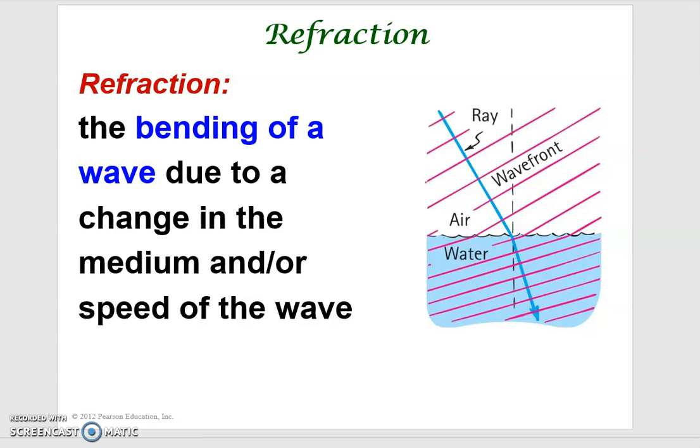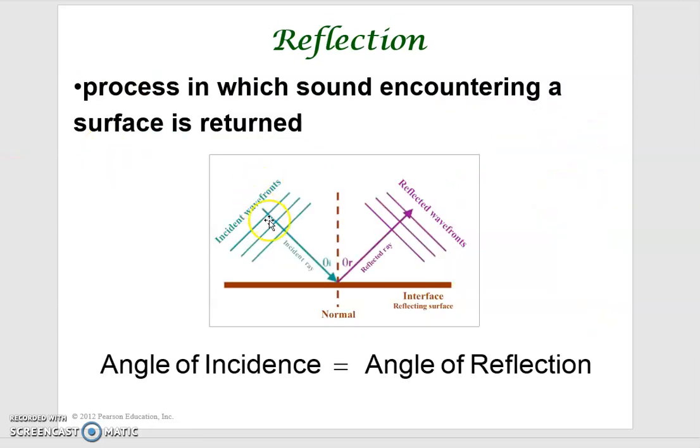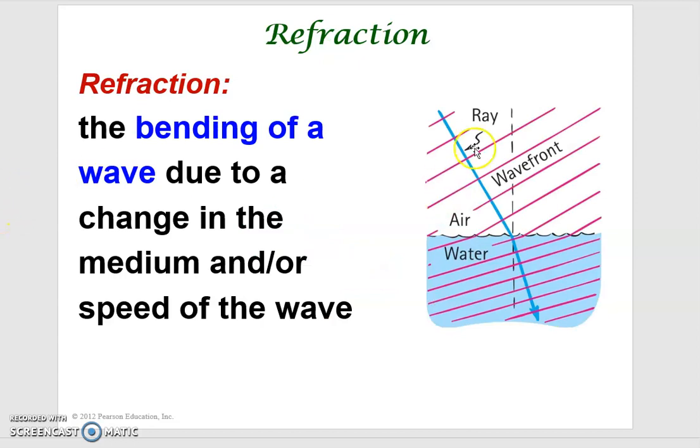What is refraction? In the previous case, the wave propagated and hit the surface, and it could not penetrate through the surface, so the wave had to change direction. But for refraction, the wave propagates from one medium, like air, entering into water.